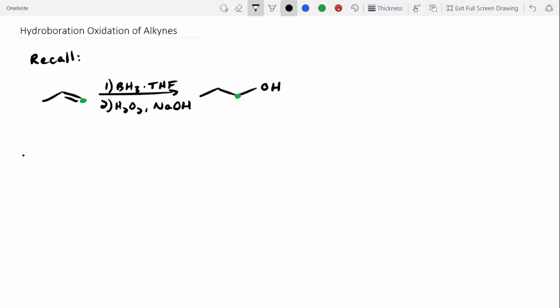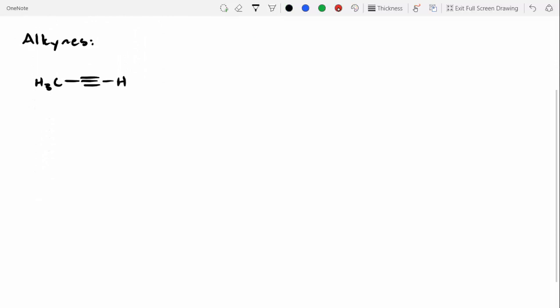Alkynes are very similar. So let's put down an example alkyne. This time I've got a hydrogen off the end, so it's a terminal alkyne.